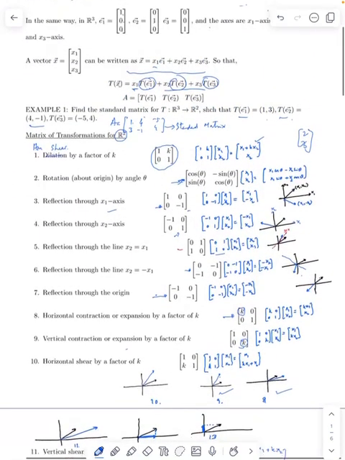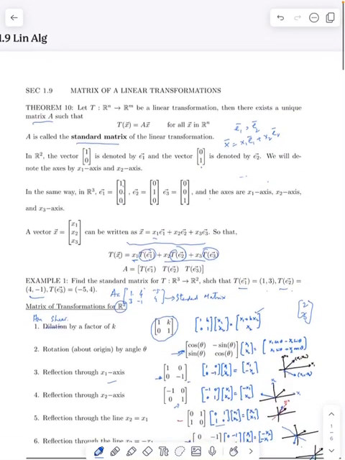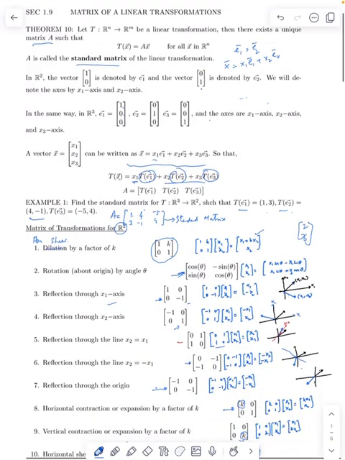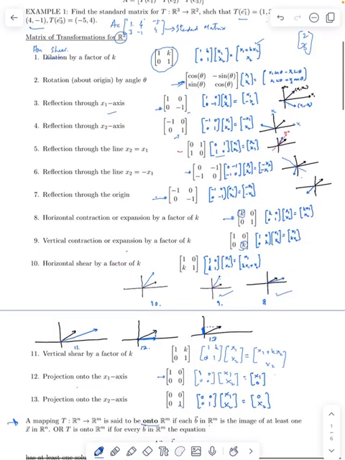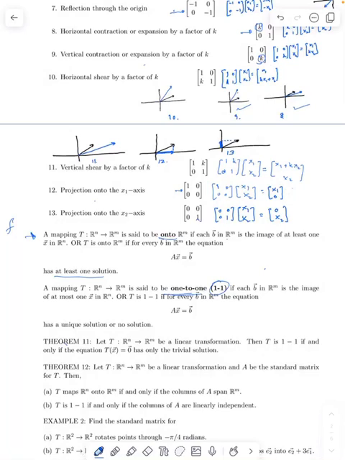We said that if T is a mapping or linear transformation, then there will be a unique matrix A. So theorem 10 was telling us about the existence of this matrix, which we can easily find by knowing where the special vectors e1, e2, e3, and so on are mapped.